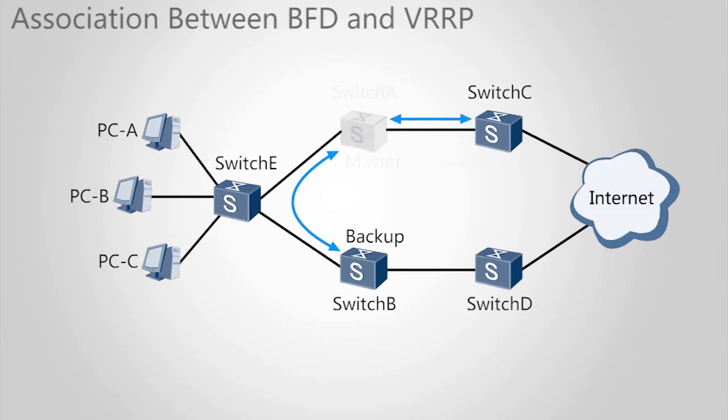Switch A in the figure functions as the master device for traffic forwarding. Switch B is the backup device in the standby state. Switch A uses BFD to detect the status of the link between switch A and switch C. If a fault occurs on this link, switch A detects the link fault within milliseconds and sends VRRP packets with a low priority to switch B. If the priority of switch B is higher than the priority in the VRRP packets, switch B becomes the master device and functions as the gateway to forward data on the network.